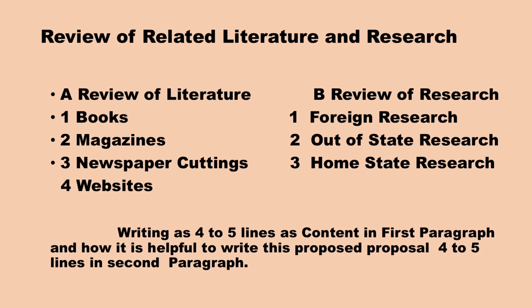You have to mention just 4 to 5 lines within the first paragraph, that is the content in the particular book which you reviewed. Then in the next paragraph you have to mention how such a book, how such literature is useful to you for writing the proposed research proposal.